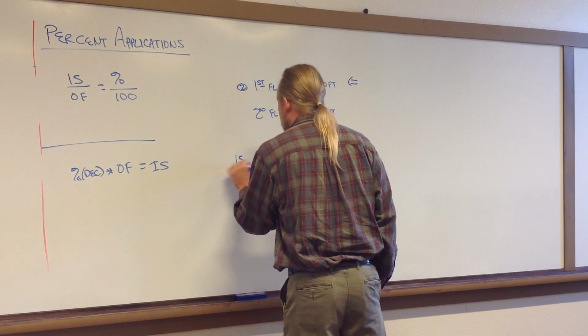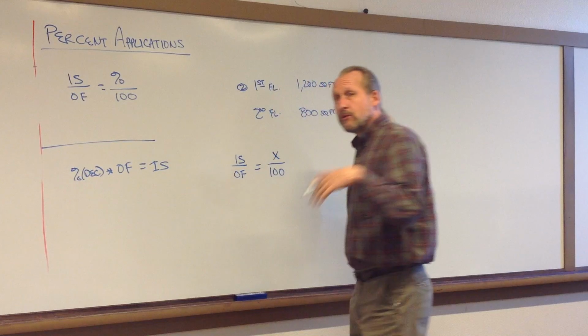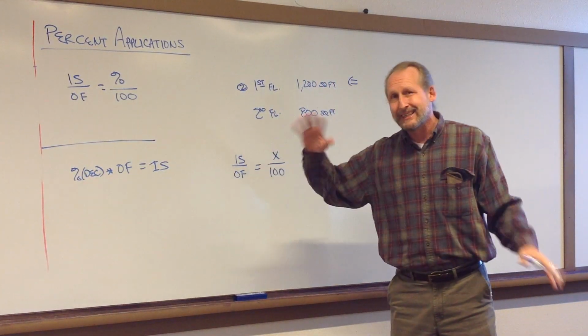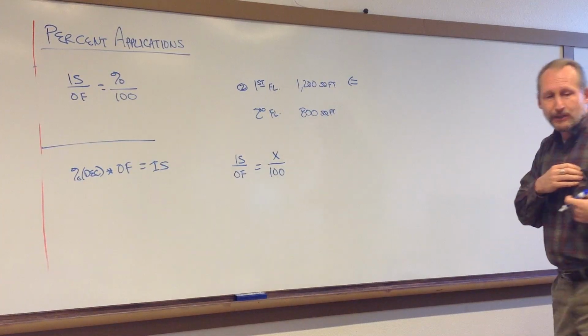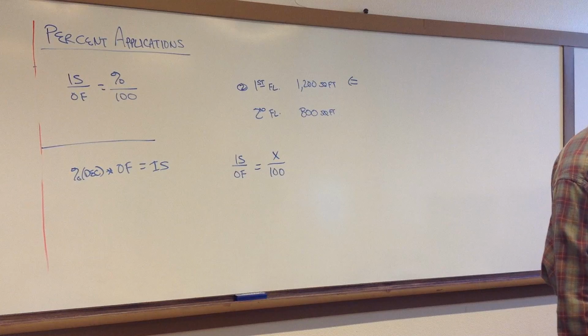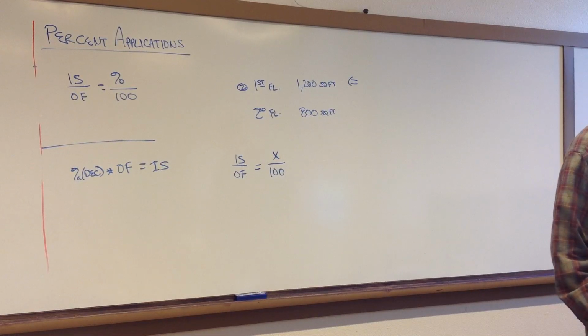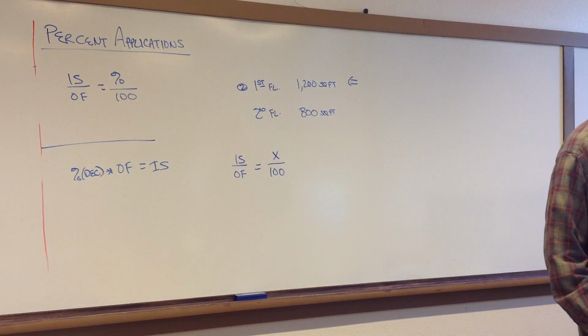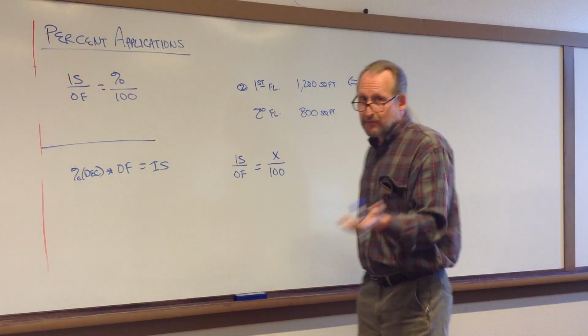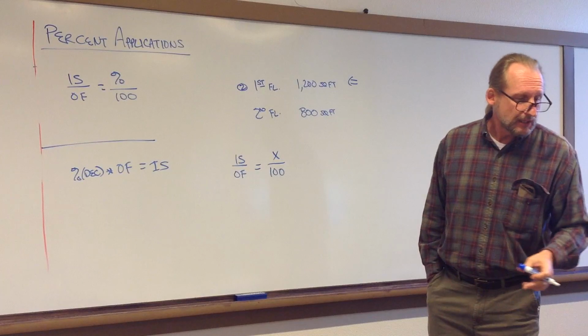And once we get away from those simple calculation problems to the word problems, notice that the words is and of often are not in the problem. Although in this one, what percent of the square footage of the house is on the first floor?